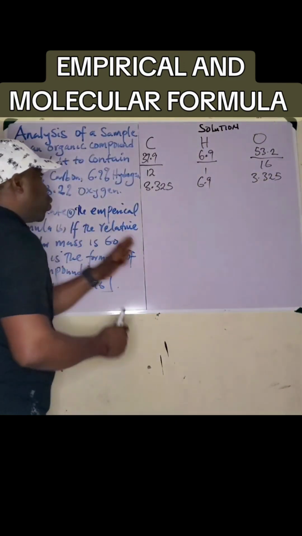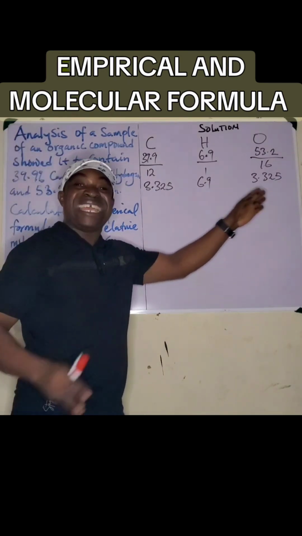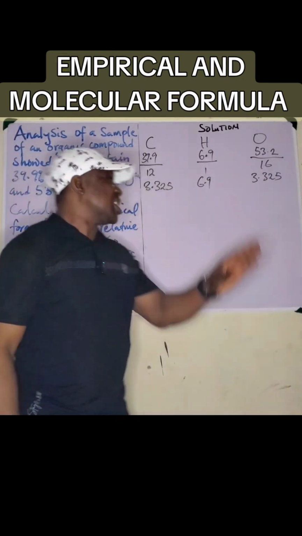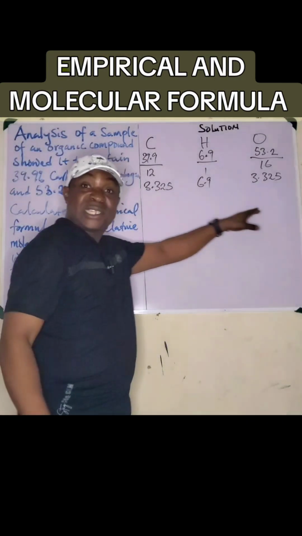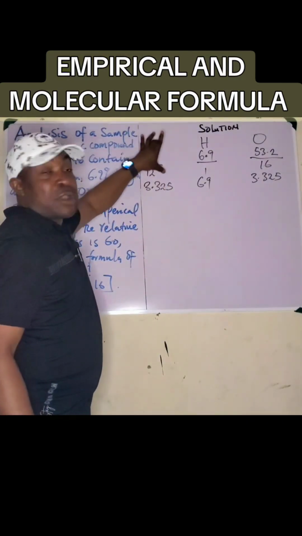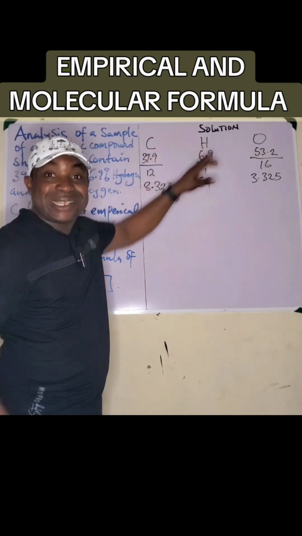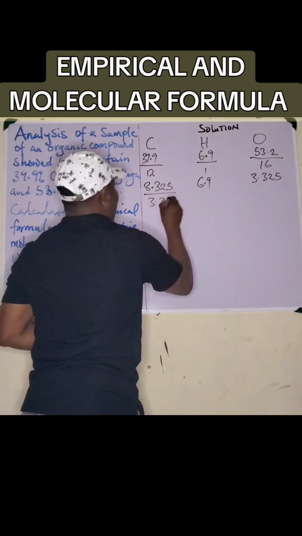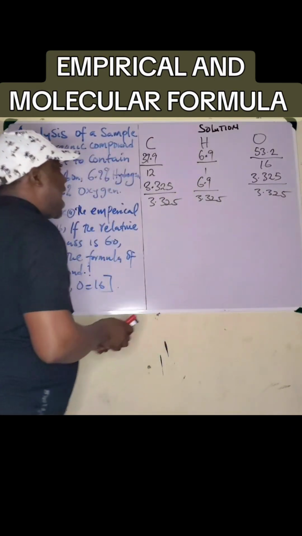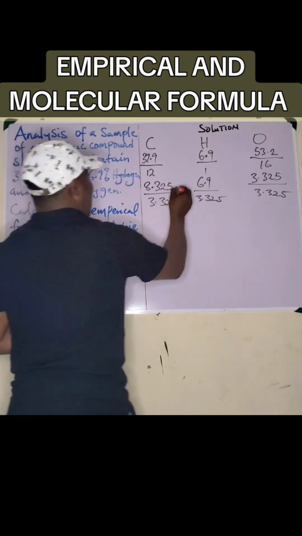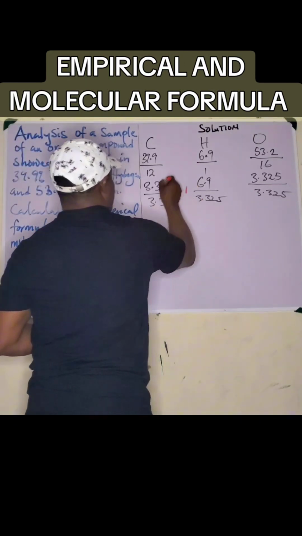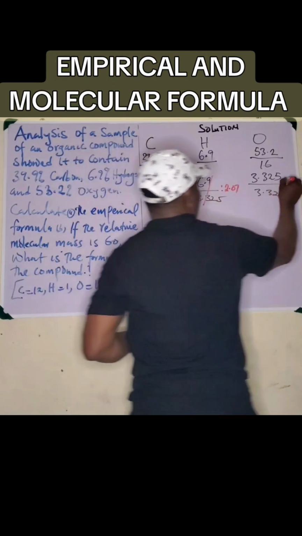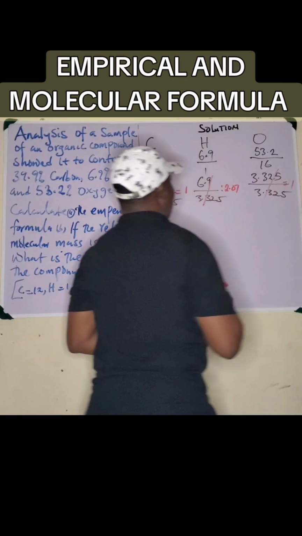Then the next rule is to divide these by the smallest value, the smallest number of moles. Of course, this is the number of moles of the atoms of the element that took part in this reaction. So we are dividing by the smallest value. So if we divide, here we are going to have 1. This will give us 1.